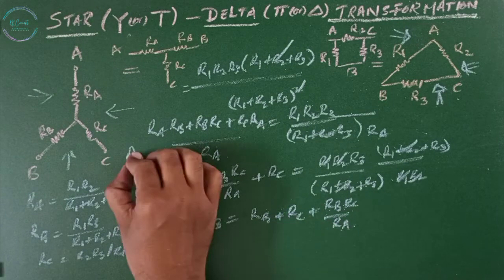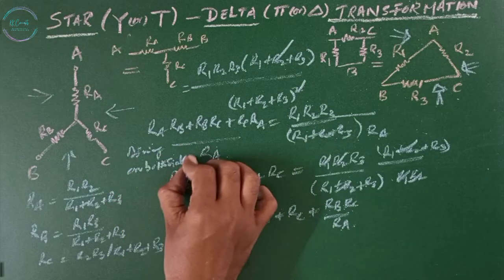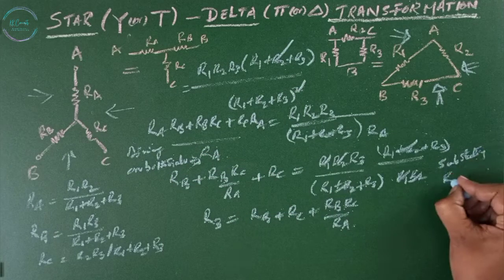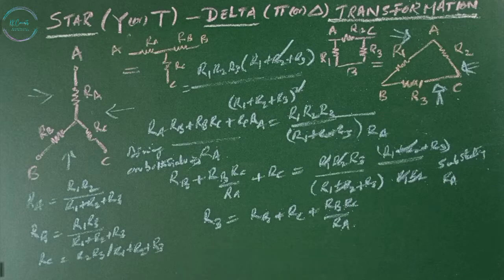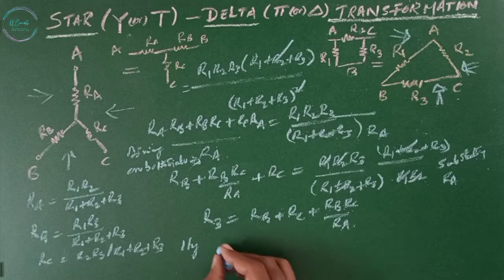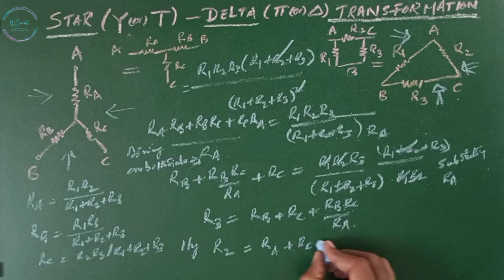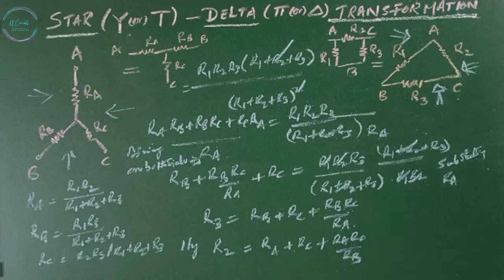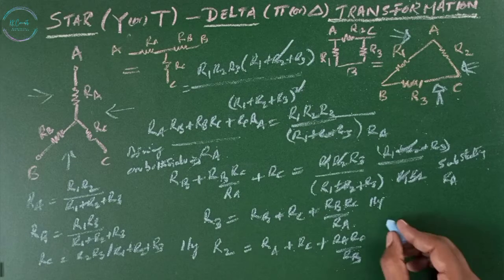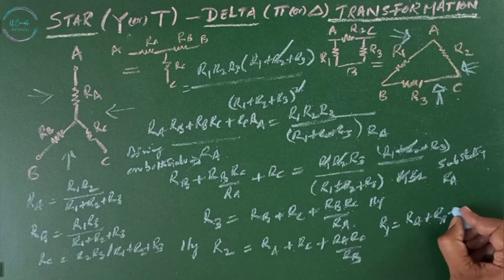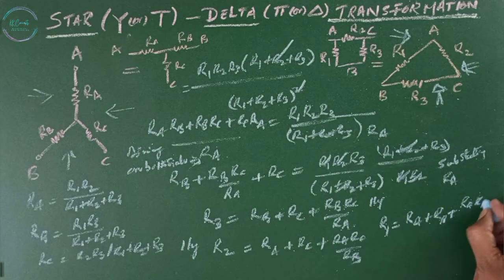Here, we divided both sides by RA and substituted the value of RA. Similarly, dividing both sides by RB, we get R2 equals RA plus RC plus RA RC divided by RB. Similarly, dividing by RC, we get R1 equals RA plus RB plus RA RB divided by RC.